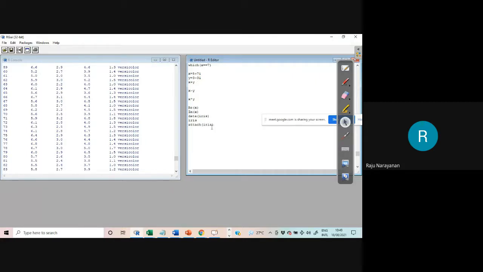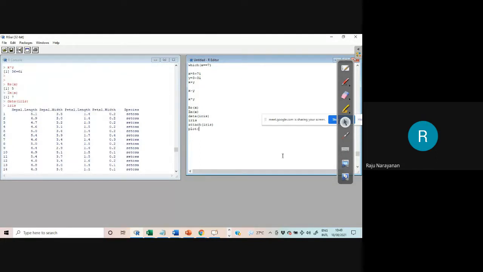Attach iris. Now plot. To get a scatter plot, the function is plot. Let us take sepal length on the x-axis.